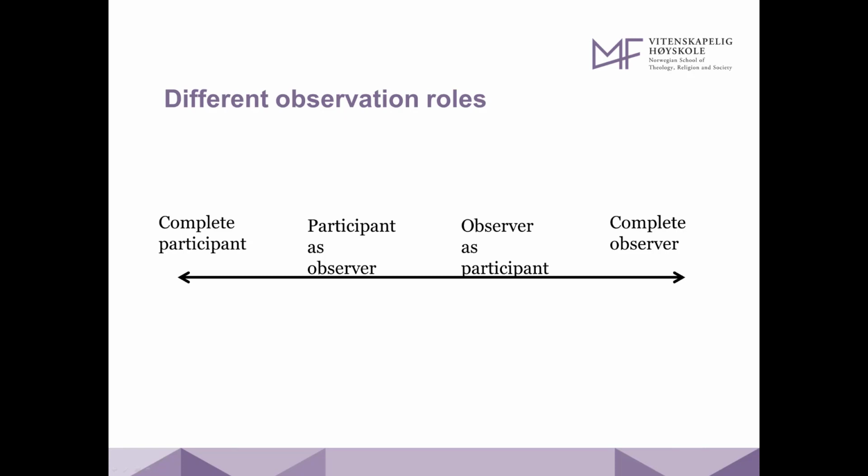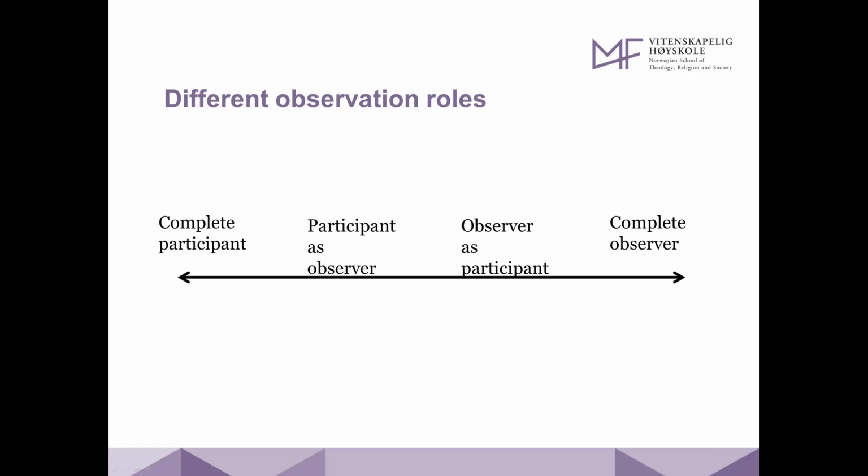So you try to develop relationships with people, you participate in group activities, everyone knows that you're a researcher, and you observe as you're also participating. This could be that you work as a volunteer in a shelter for homeless people or an organization providing help to a certain group of people, and you're participating in the normal activities that a volunteer in this organization would participate in.